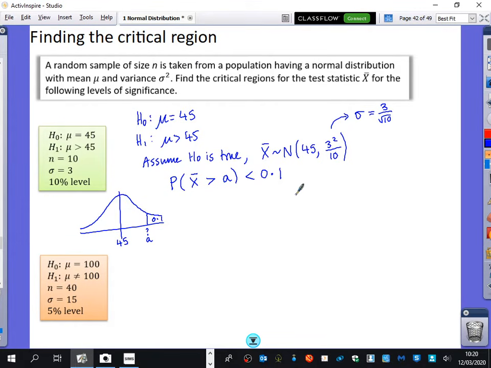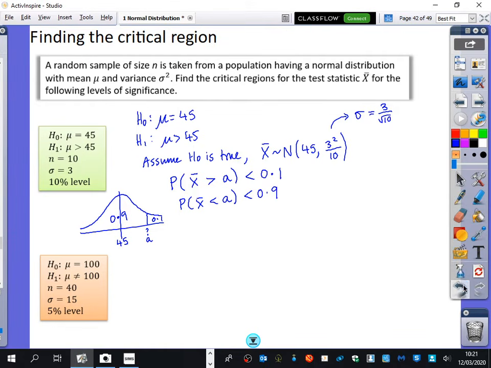Now, graphics calculators let you do it as the right tail and say that it's 0.1. But non-graphics calculators, you can say that this area over here is 0.9. So we're actually working out the value where the probability that x bar is less than it is 0.9. It doesn't really matter because it's just going to end up as that.